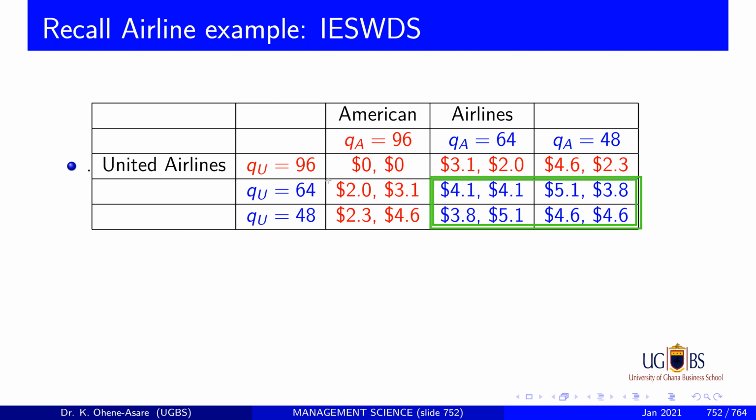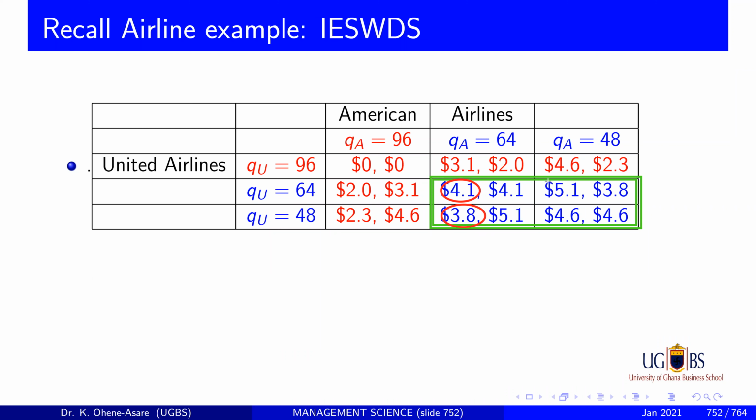We are now looking at 64 and 48. So look at 64 for United. Just go back. 64 gives us 4.1, and then 48 gives us 3.8. So you can see that 64 dominates 48 there.